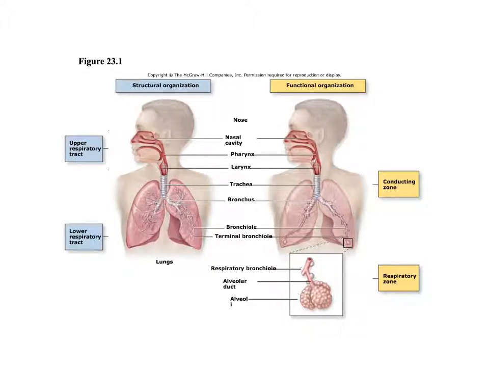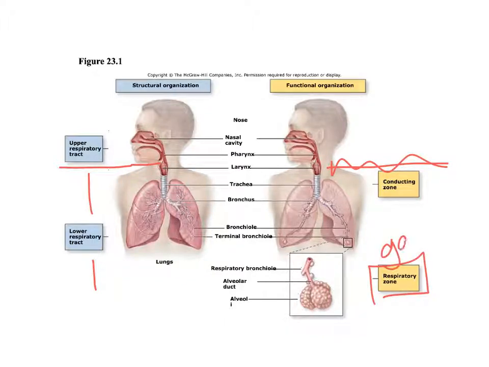Now here's a picture of what the structure looks like. The upper respiratory tract goes up to here, and then the lower respiratory tract. The conducting zone goes down to about here, and the conducting zone is any place where there isn't gas exchange. We can only have gas exchange in the respiratory zone.